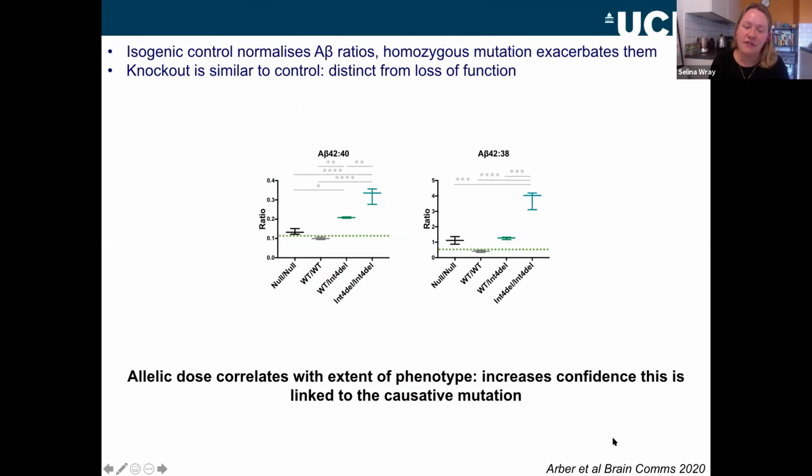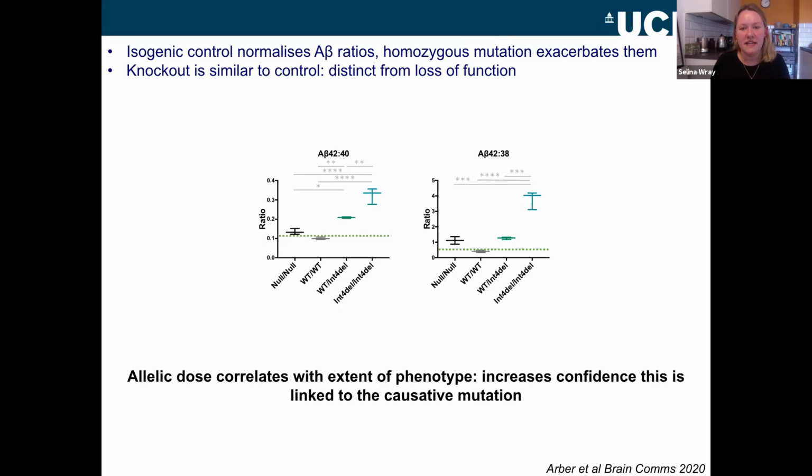But this really gave us confidence in what we were seeing in our patient cells because we now have an allelic response to the mutation dosage on our phenotype of interest, which is A beta cleavage. But we can also see that the mutations behave differently to the knockout. So it's allowing us to look at this question of loss versus gain of function.